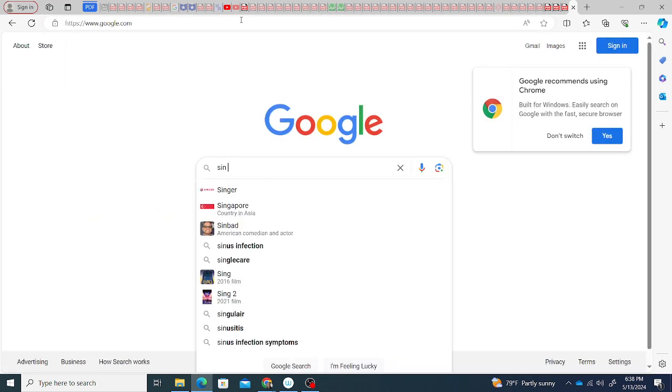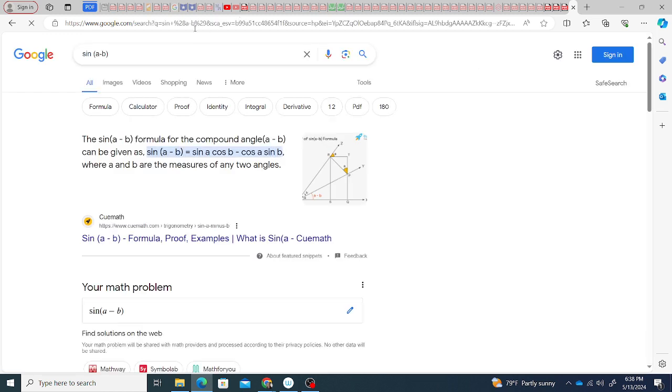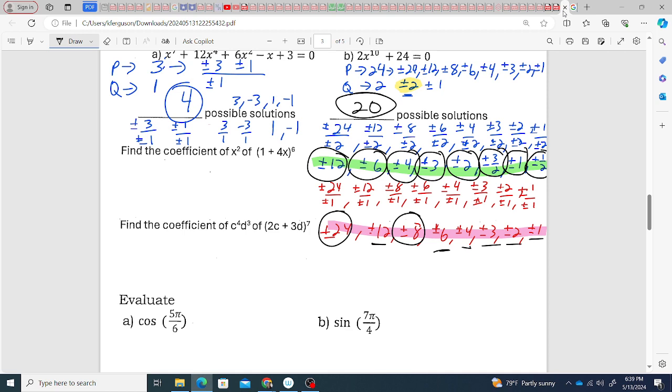Let's try that again. Sine of a minus b. There we go. So what do I got? I've got sine a times cosine b minus cosine a times sine b. So let's do that real quick.